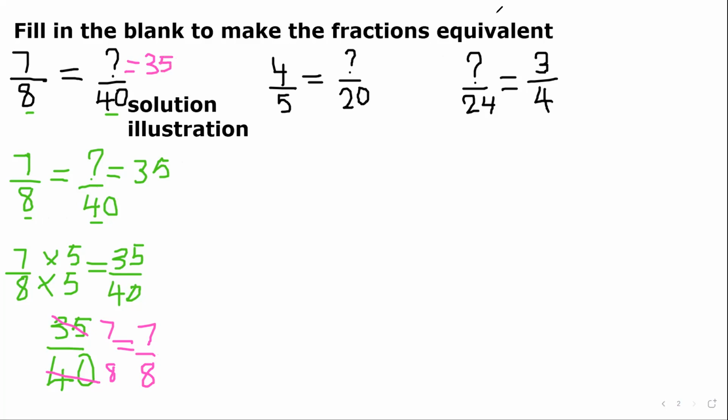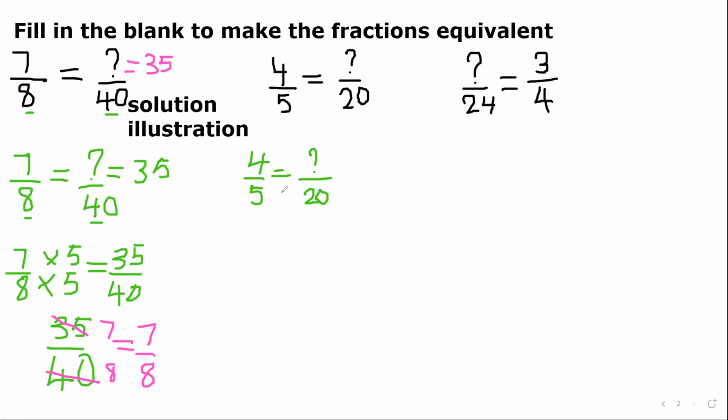Now let's work the second one. Now the question says 4 out of 5, or 4 over 5, is equivalent to a certain number out of 20.